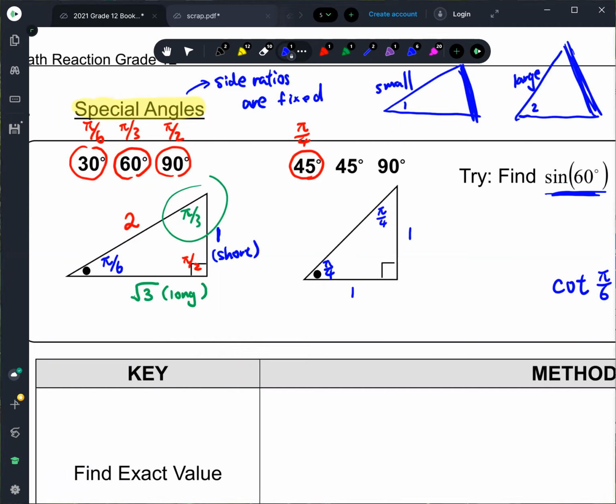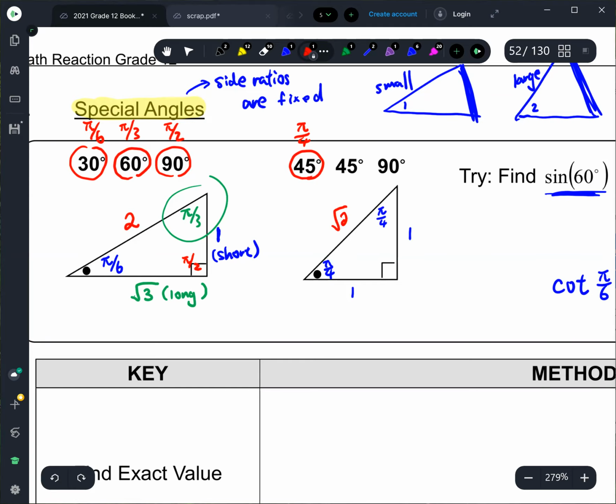If it's 1 and 1, for the last one you can use the Pythagorean theorem and you find out the hypotenuse will be √2. So these three numbers are fixed. Whenever you see pi over 4, you have to use these numbers as the sides.